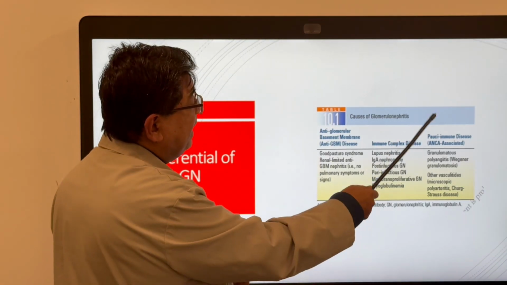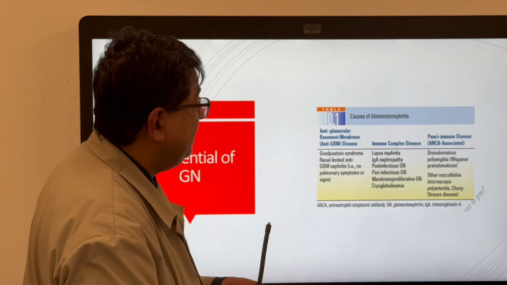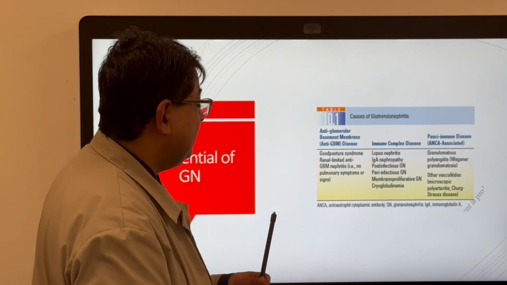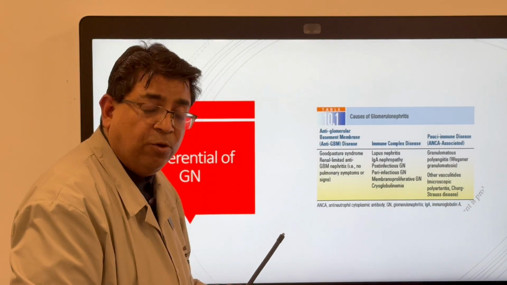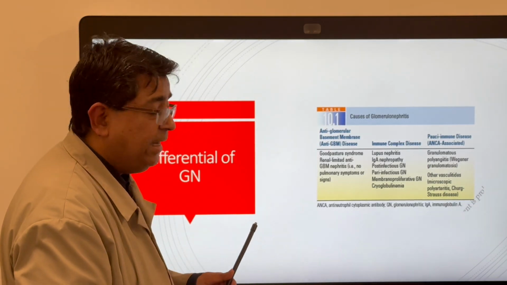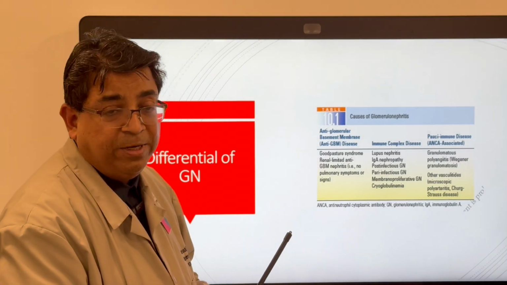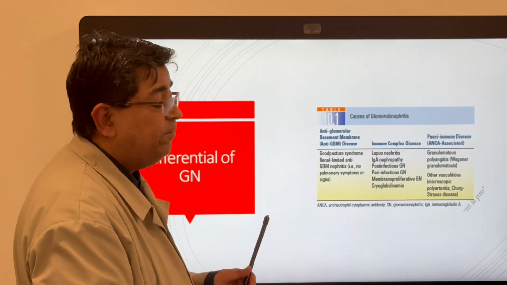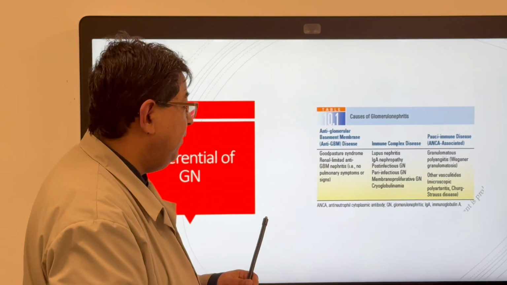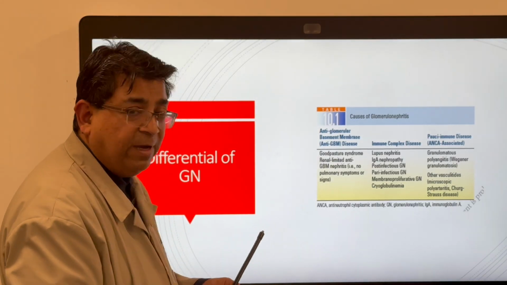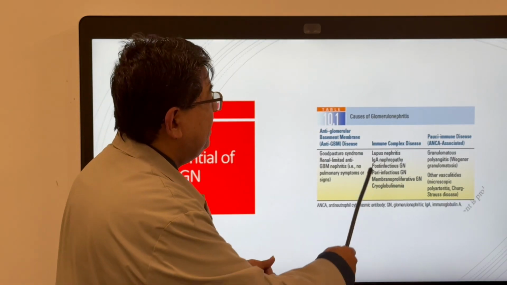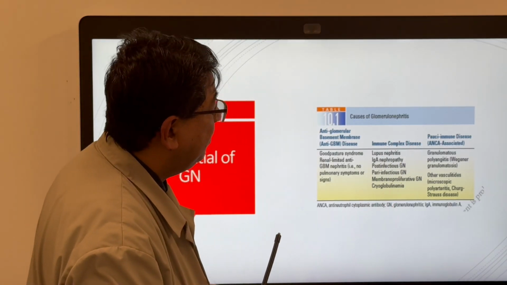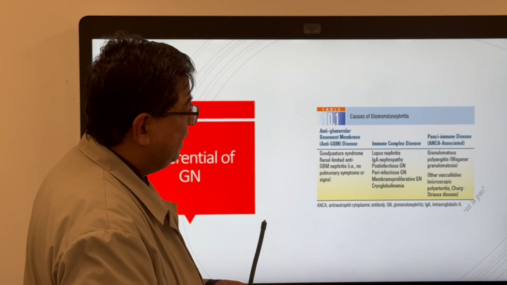And then the last category to think about is pauci-immune. In this case, there are no immune complexes. And we shouldn't say no, because anytime you say no or never, you're going to be wrong. The most appropriate way to put it would be minimal. So you may have very few immune complexes, and that's what pauci-immune implies: minimal immune complex deposition.